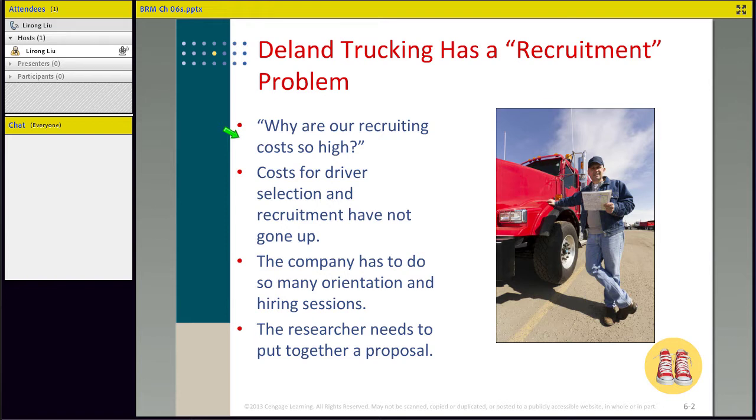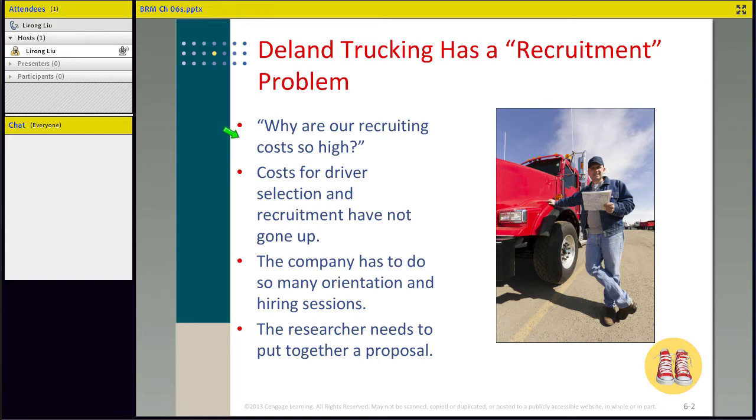He knows that recruiting cost is high, many orientation and hiring sessions, cost for driver selection, recruitment has been staying the same, okay?